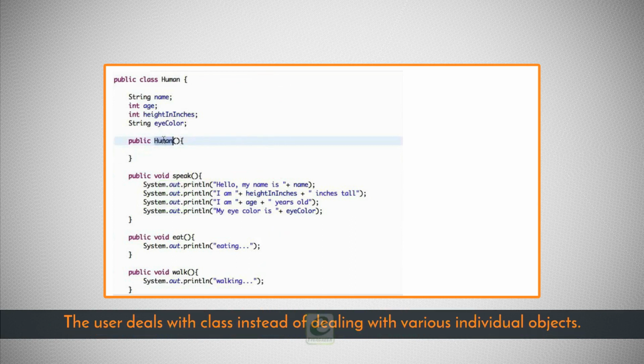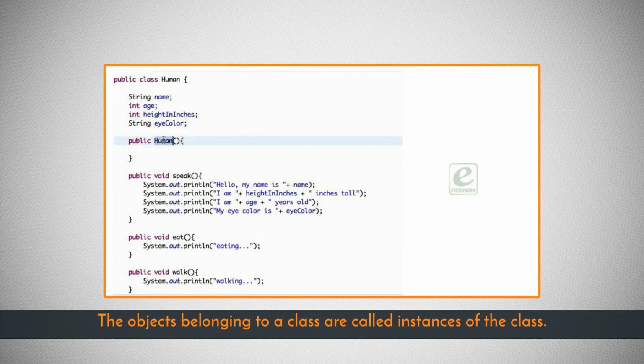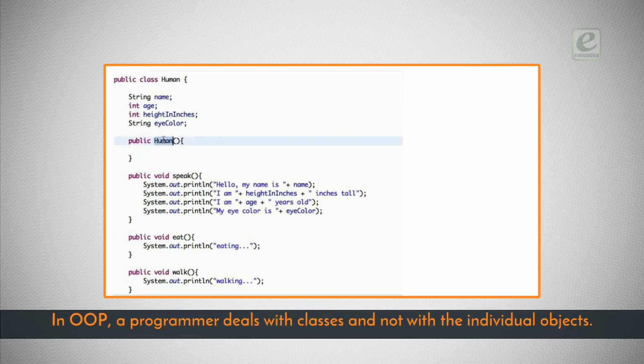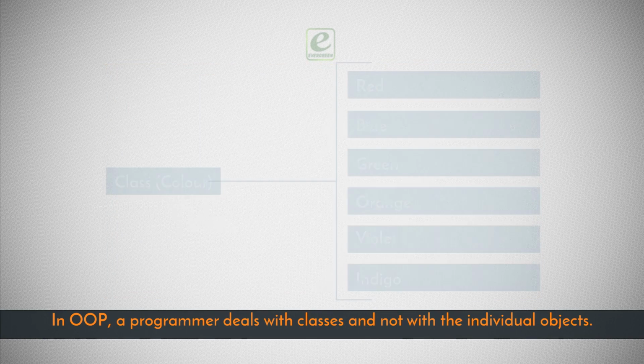The user deals with class instead of dealing with various individual objects. The objects belonging to a class are called instances of the class. In OOP, a programmer deals with classes and not with the individual objects.